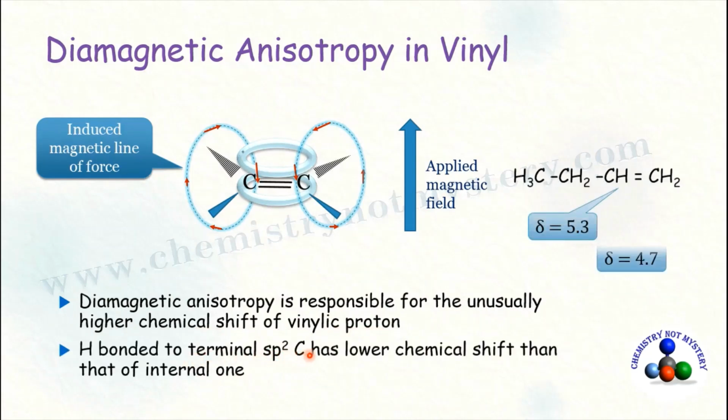Hydrogen bonded to a terminal sp2 hybridized carbon has a lower chemical shift than that of an internal one. For example, in this molecule, this proton is bonded to an internal sp2 hybridized carbon and its signal occurs at 5.3 ppm delta value, while the proton bonded to a terminal sp2 hybridized carbon occurs at a lower delta value than this, at 4.7 ppm.